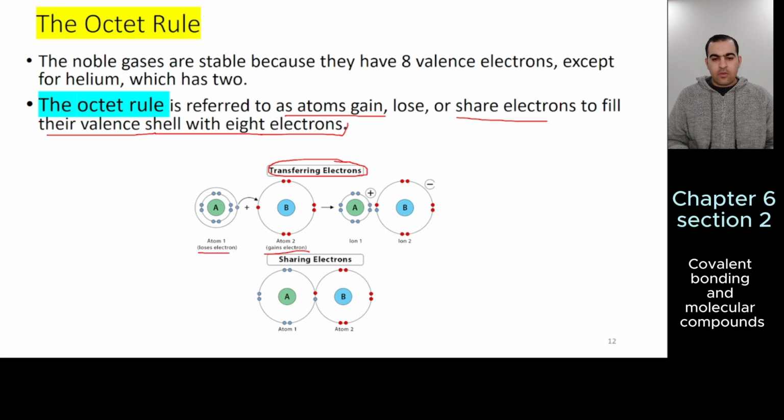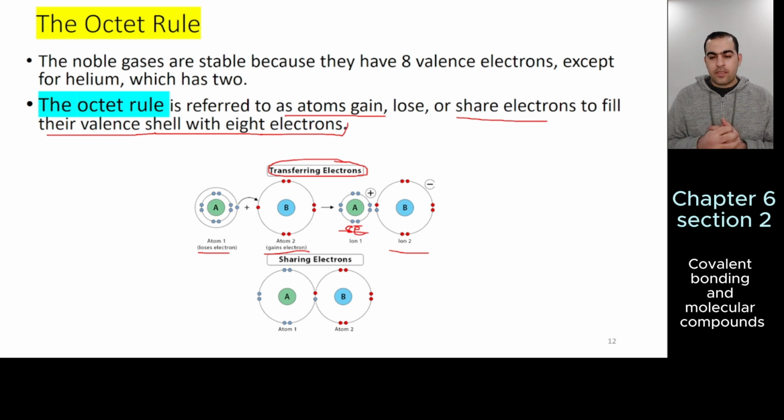So A, if it loses 1 electron, is going to have 8 valence electrons. What about this one? It has 7 valence electrons. If it gains 1 electron, they both have 8 valence electrons. Now, one loses, one gains. At this time, both have 8 electrons and they're stable.